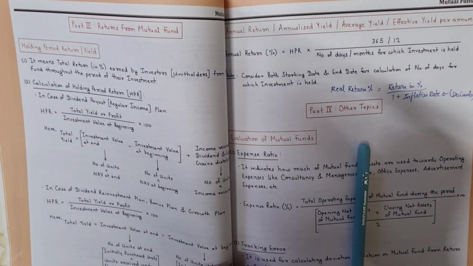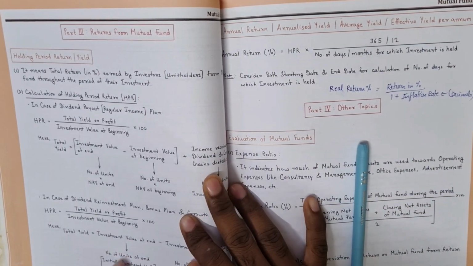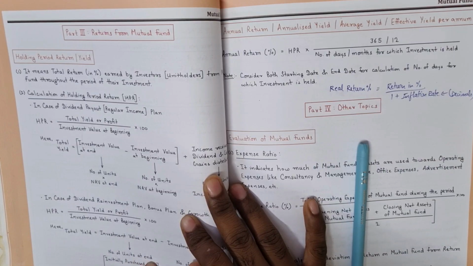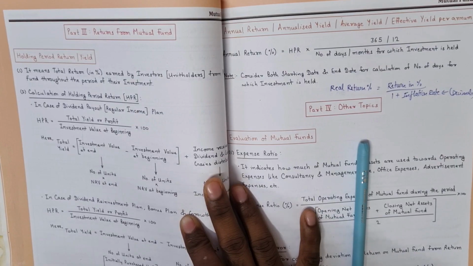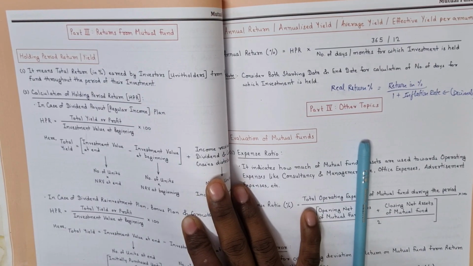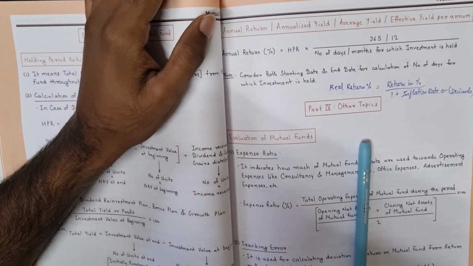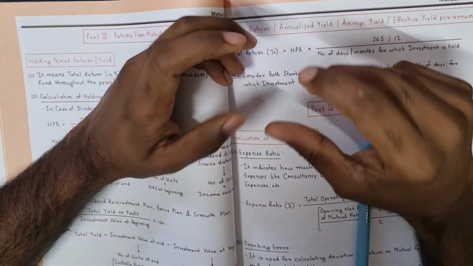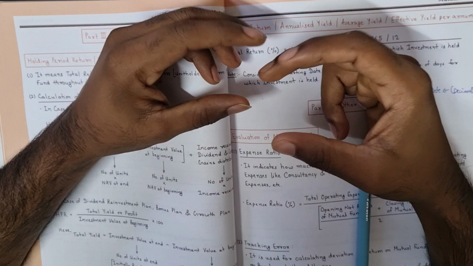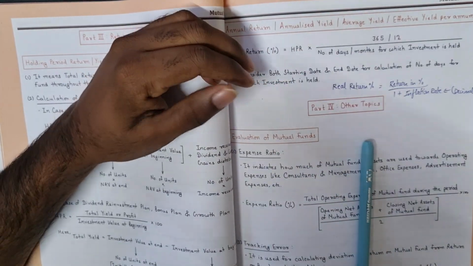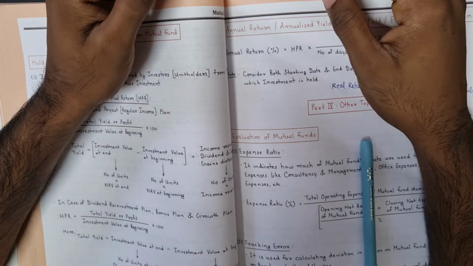Now how do we calculate investment value at end? Investment value at end is equal to number of units initially purchased plus units received under a dividend reinvestment or bonus plan, into NAV. Let's suppose you got 10,000 rupees as dividend, divided by the NAV, which will be given in the question, or just take the latest NAV.